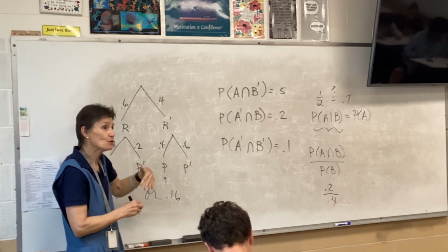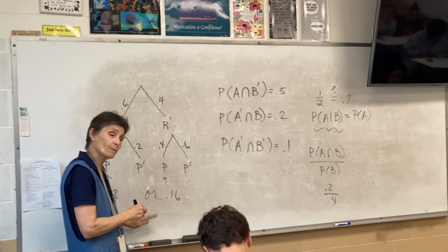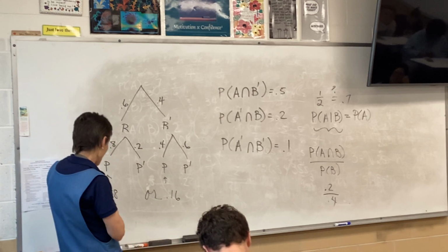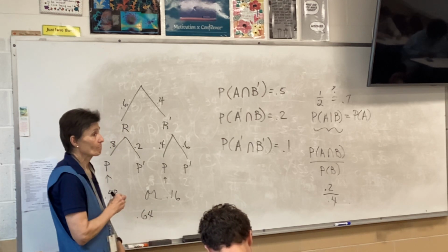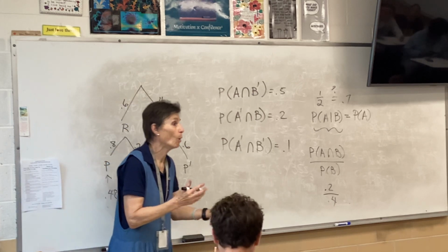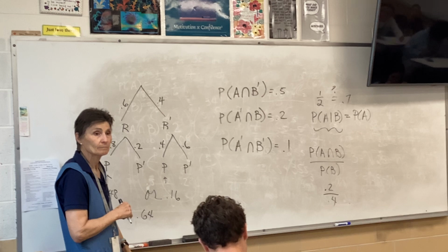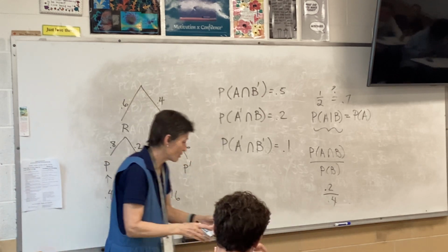Since he can do it either this way or this way, what are you going to do with those two numbers? We're going to add them together, and that would be 0.64. Using the same strategy, you could ask what's the probability he won't play? Are you okay with that?